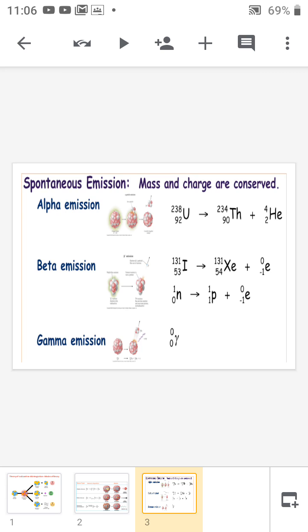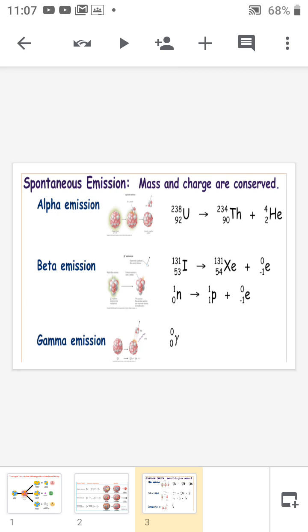And for the beta emission, here we are taking the example of iodine, atomic number 53 and mass number 131. For beta emission, the atomic number of the daughter element is increased by 1. So the atomic number of the daughter element is 54, and there is no change in the mass number, so the mass number is retained at 131.